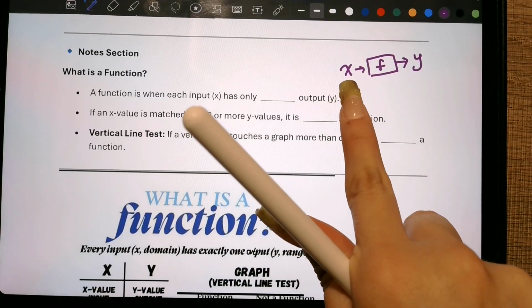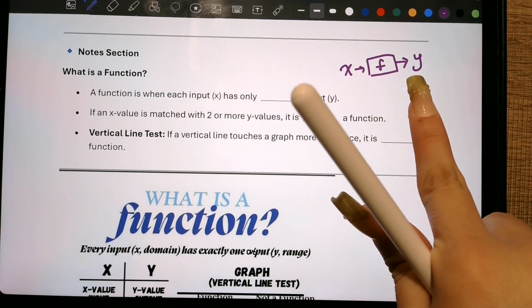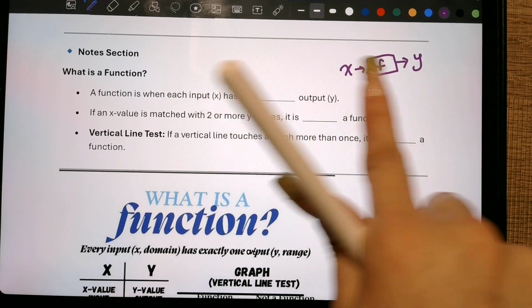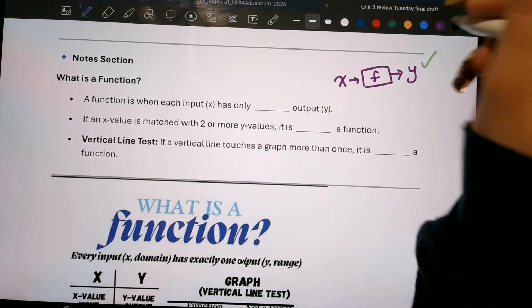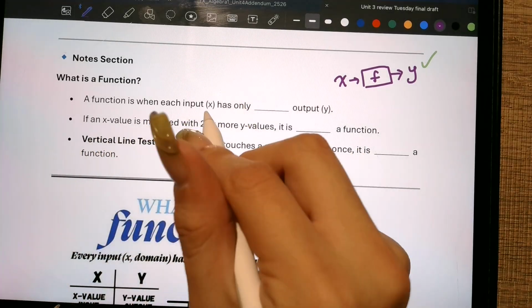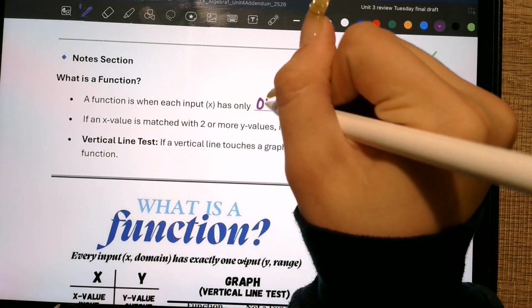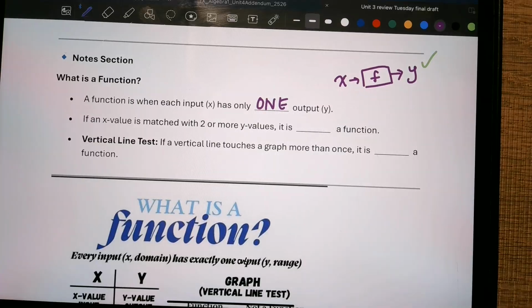So for every x input, I'm going to get only one y value. So this is good. This is what a function should look like. Okay? So a function is when each input of x has only one output or one y.